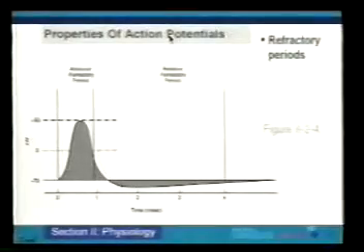If we go on and take a look at the properties of an action potential, again, we're looking at a neuron or skeletal muscle. The most important property is the refractory period. Now, in step 1, they will only test the absolute refractory period, and they may address it as the absolute refractory period.